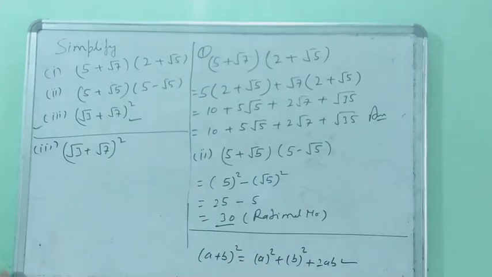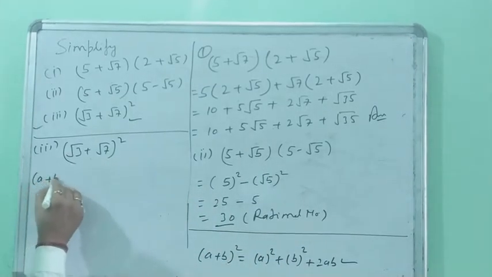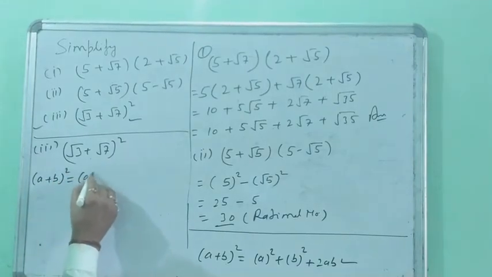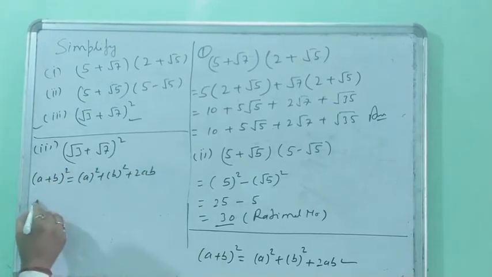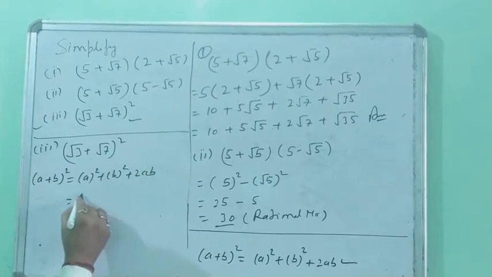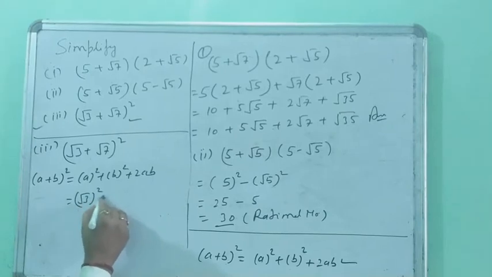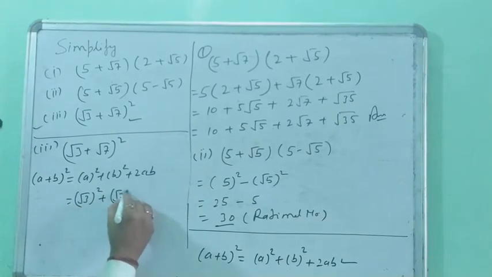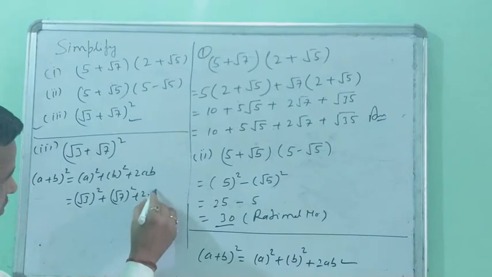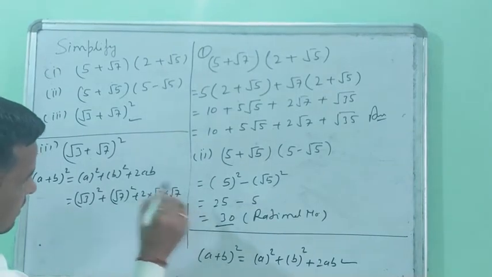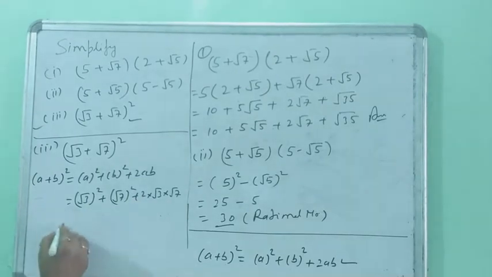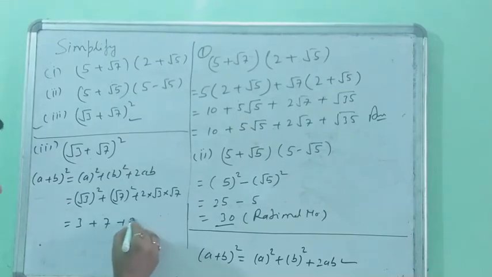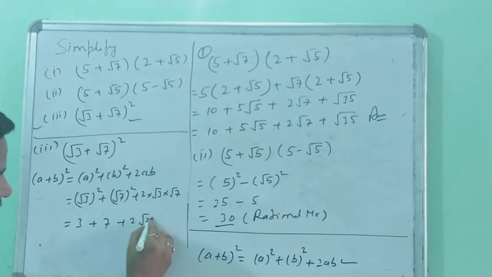Now it is root 3 square plus root 7 square plus 2 into root 3 into root 7. First 2ab, then the square of root 3 is 3, the square of root 7 is 7, plus 2 root 3 root 7 is root 21.